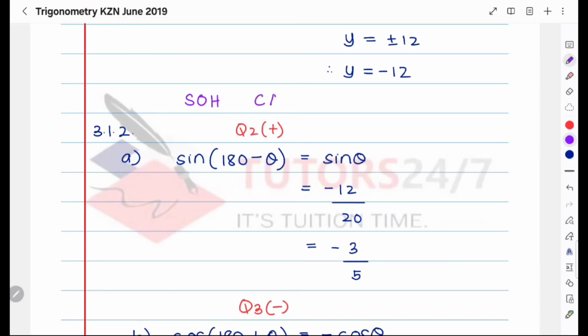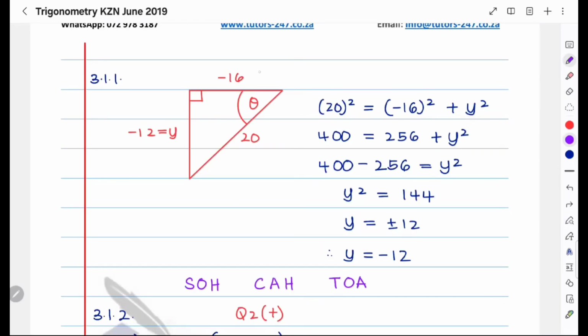Your cos ratio is equal to the adjacent over the hypotenuse. And your tan ratio is equal to the opposite over the adjacent. In addition to this, 16 was our adjacent side, negative 12 was our opposite side, and 20 was our hypotenuse.